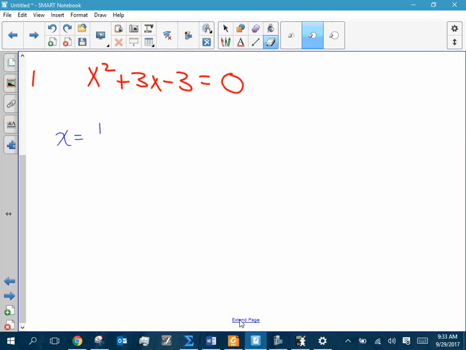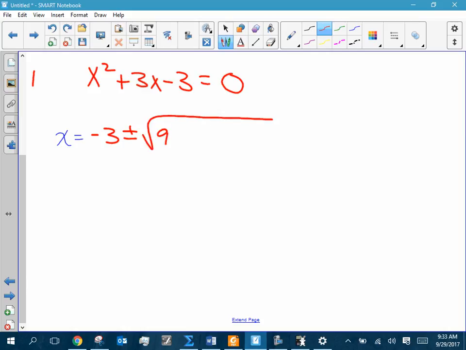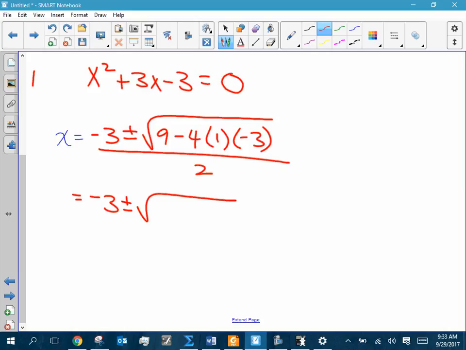Okay, so it'll be negative 3 plus or minus the square root of b squared minus 4ac, all over 2a. So negative 3 plus or minus the square root of 9 plus 12, right? 21. And then 2. 21 is not reducible, right?